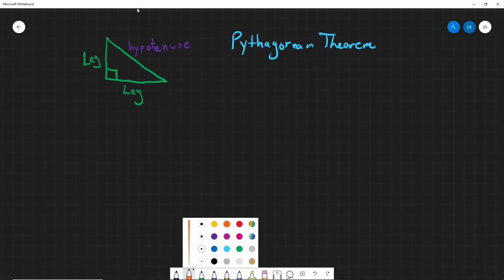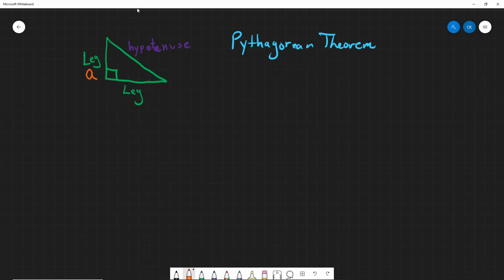If we call my legs A and B, and we call the hypotenuse C, then taking A and squaring it, taking B and squaring it, and adding them, we get A squared plus B squared, and that is going to equal the hypotenuse squared, so C squared. That is what our Pythagorean Theorem says: A squared plus B squared equals C squared.